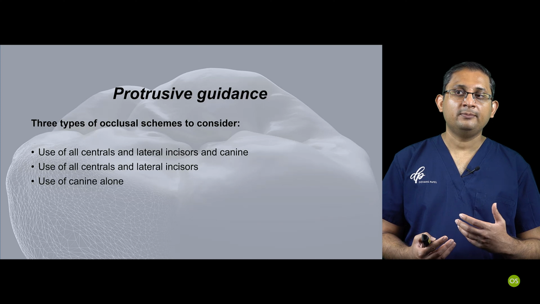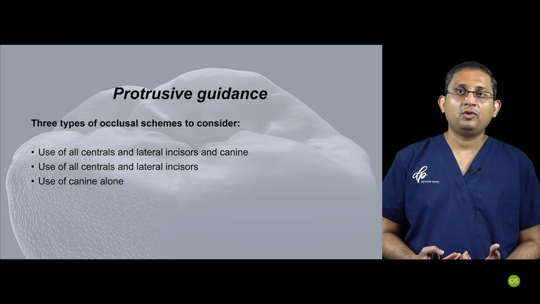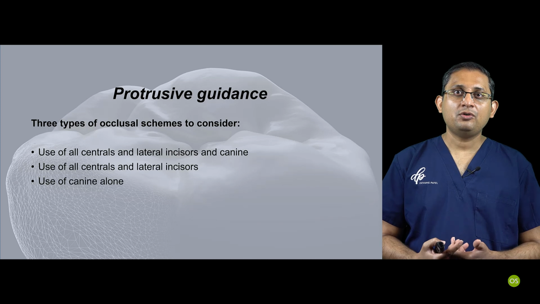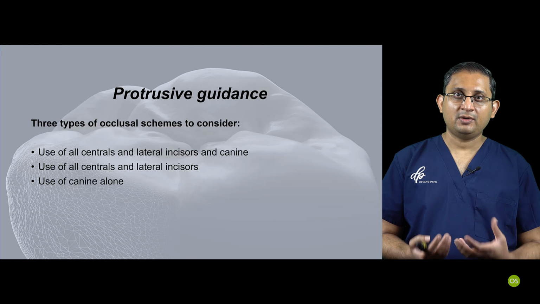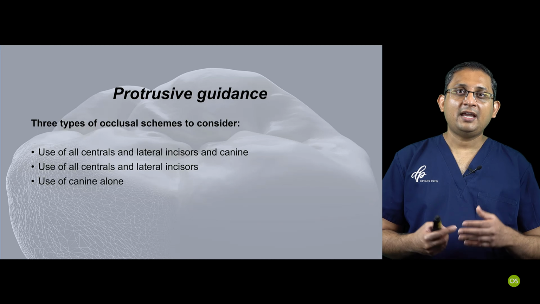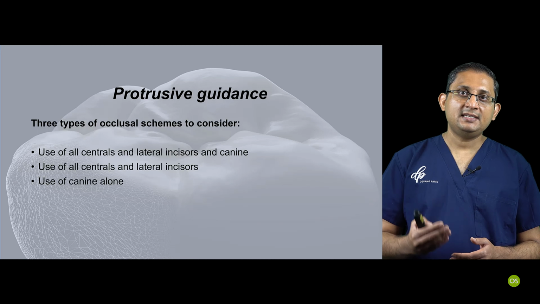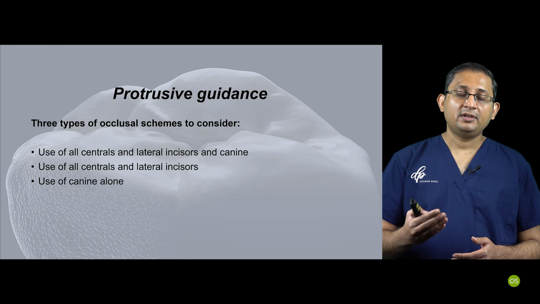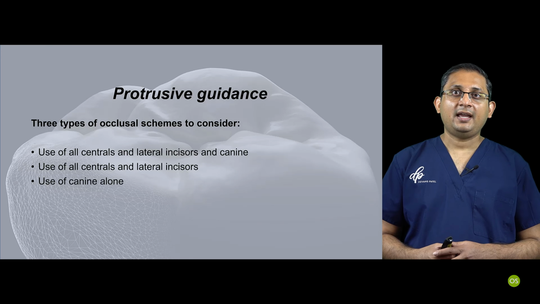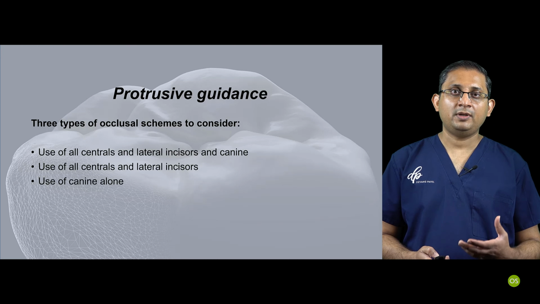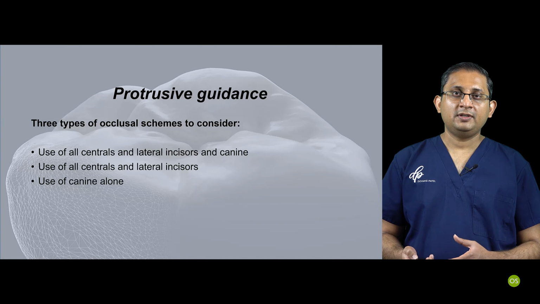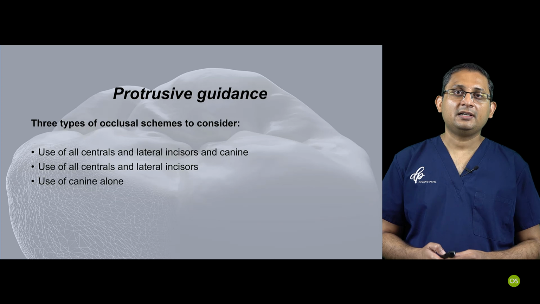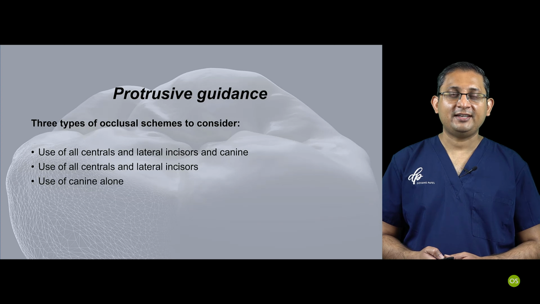If you have 2-to-2 post and core crowns and you don't want to give them any load because the patients are bruxists, then you can build the canine to give anterior protrusive guidance as well as lateral guidance. This is a scheme you can choose, and when you articulate, you can build it up with composite. We will discuss this in one of the lectures on the clinical application of what you're learning right now.